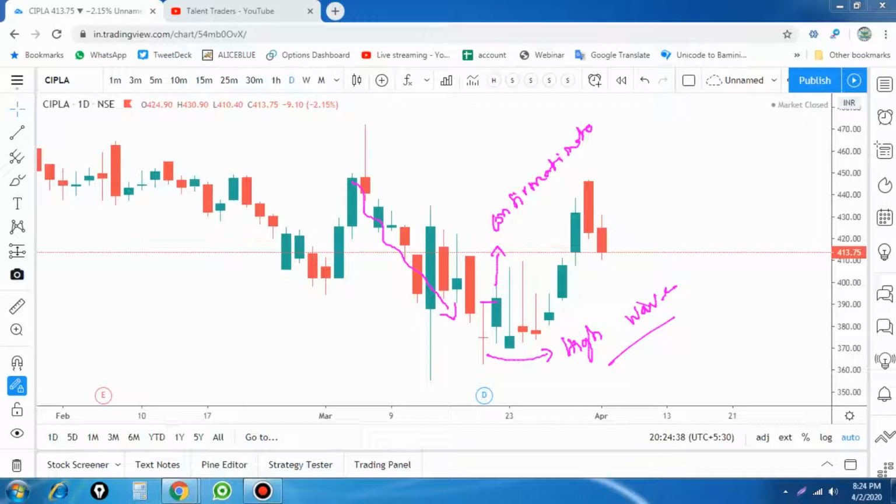You got a confirmation, so how do you take the trade? The previous trend was a downtrend, now we have a long legged doji and a confirmation of the trend reversal. You buy above this level, your stop loss is placed here, and your target is 1:1 or 1:2 according to your trading time frame.